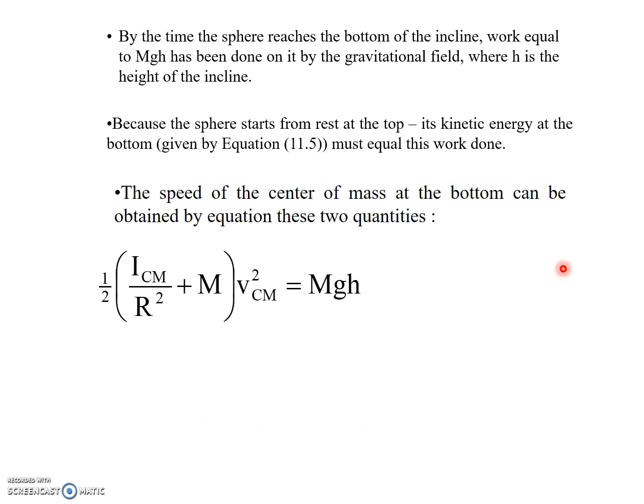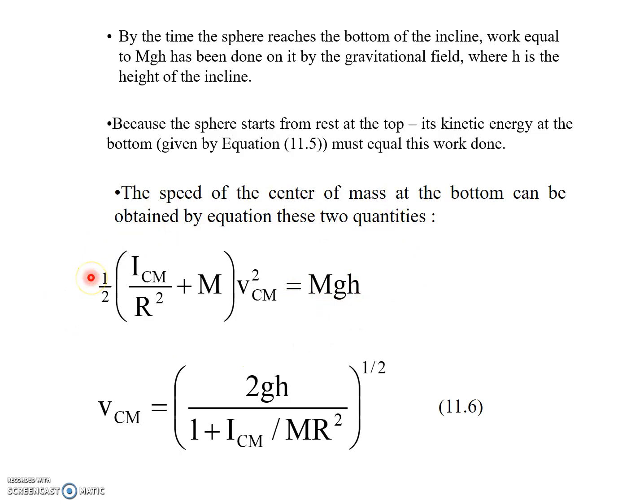So we have the energy at the top of the incline and the energy at the bottom of the incline. We rearrange this equation, and we have the speed of the center of mass for the rolling sphere, which is given by equation 11.6.